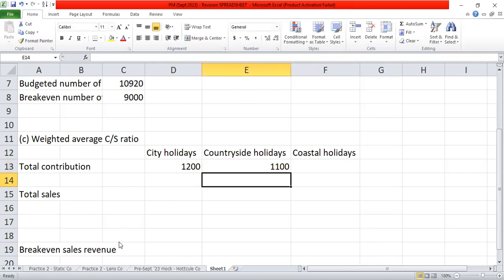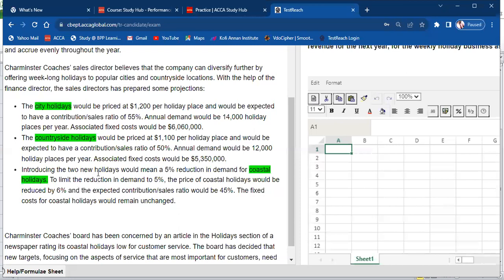How about coastal holidays? Introducing the two new holidays will mean a 5% reduction in the demand for coastal holidays. To limit the reduction in demand to 5%, the price of coastal holidays will be reduced by 6%. All right, 6%.